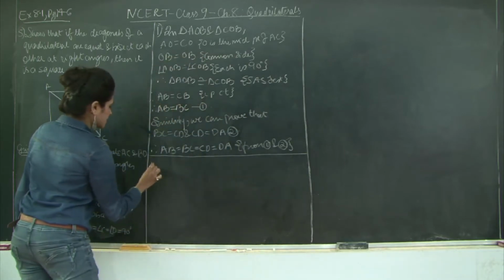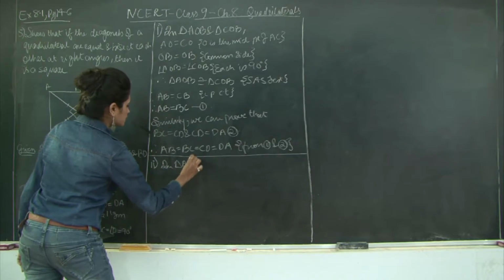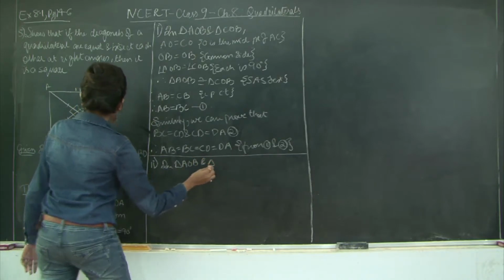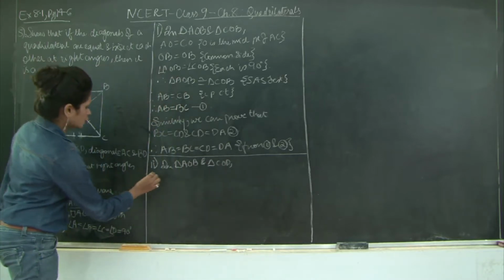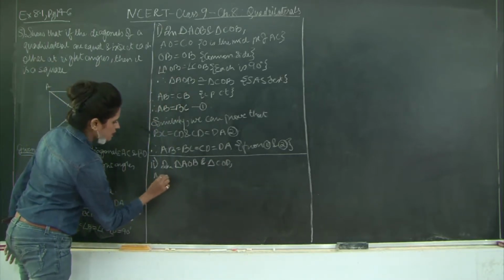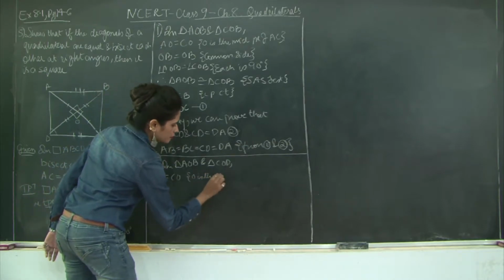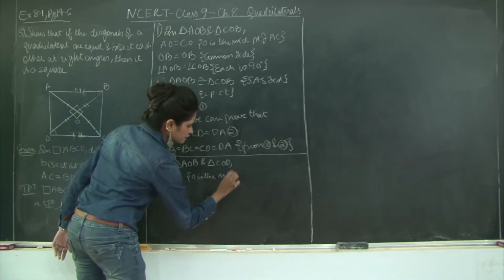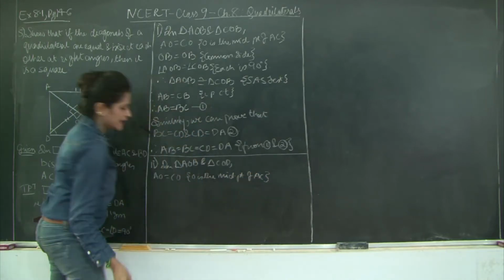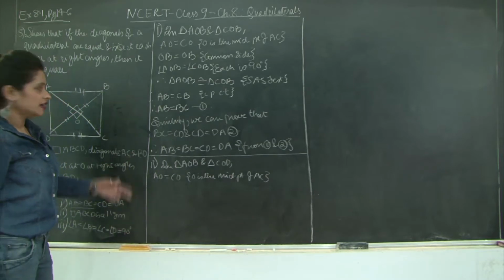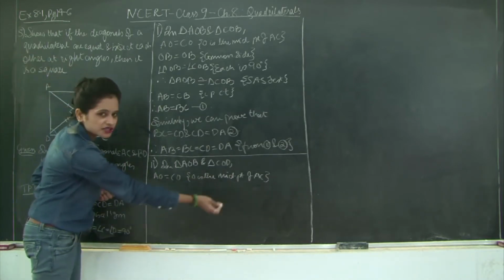So I'll say my second part, in triangle AOB and triangle COD, what do you have? You have AO is equal to CO. O is the midpoint of AC. Why is O the midpoint of AC? Because AC is getting bisected by the diagonal BD at O. So O becomes the midpoint.